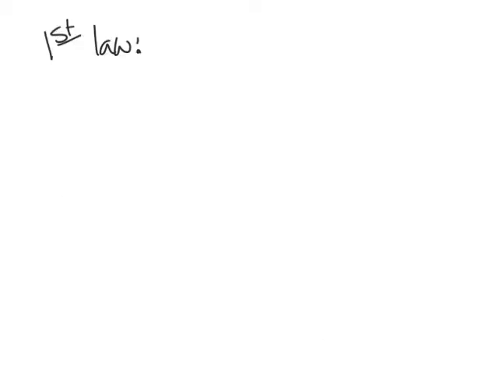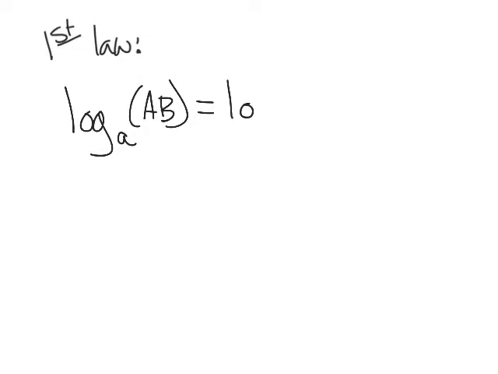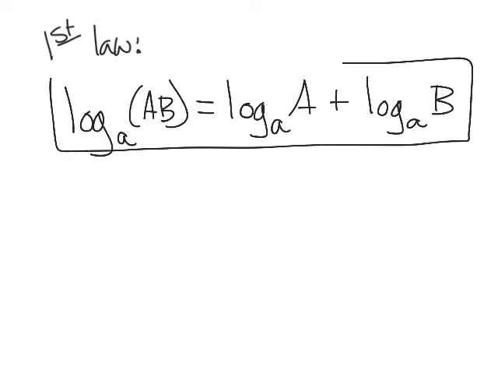So this is so important, we're going to write it again. The first law of logarithms is the product law. Log to the base a of a product, A times B, is equal to the sum of the individual logarithms: log to the base a of A plus log to the base a of B. That's the first law.